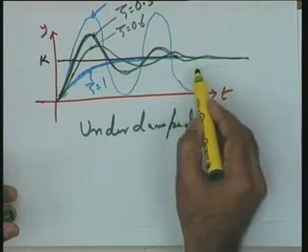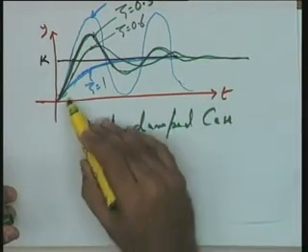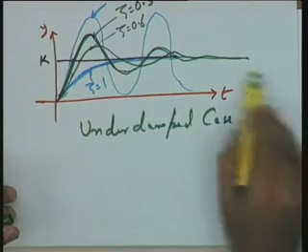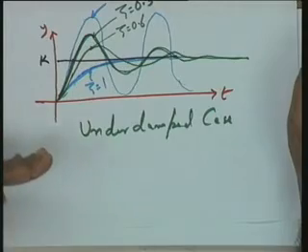You will find that as your green curve approaches this blue curve, or if you further increase the value of zeta, the settling time or the speed of response of the system becomes poor. That is, the system becomes sluggish as the value of zeta increases. But if you take the value of zeta close to 0, the system becomes too oscillatory.